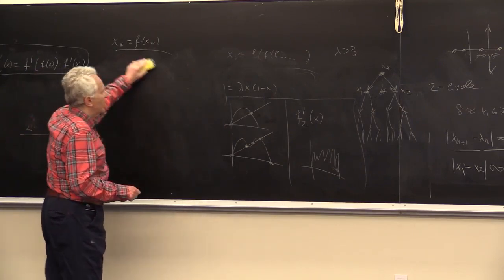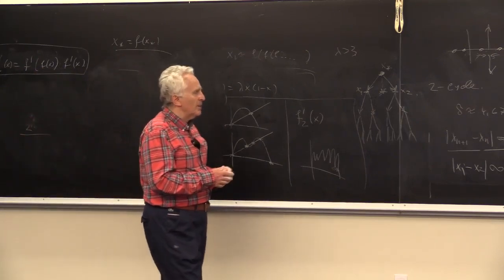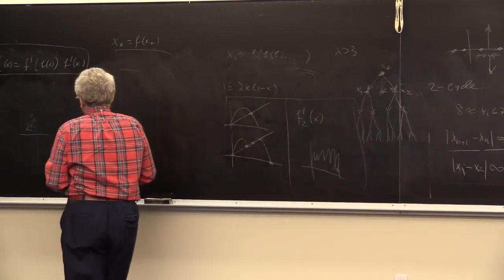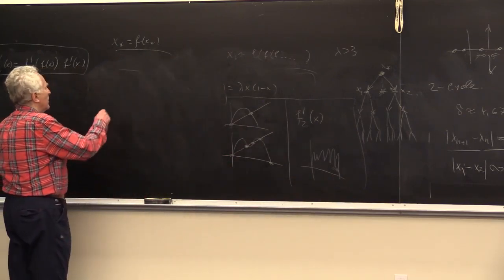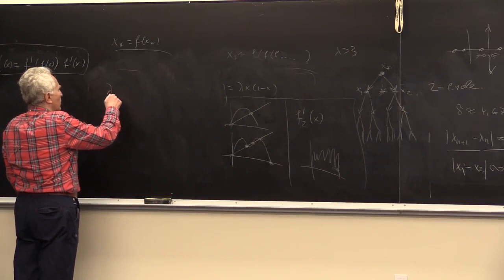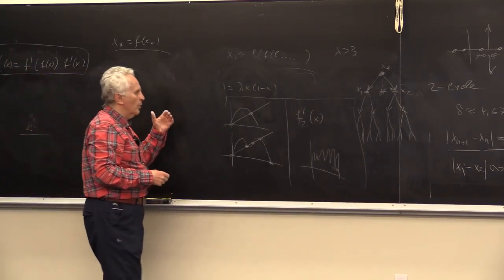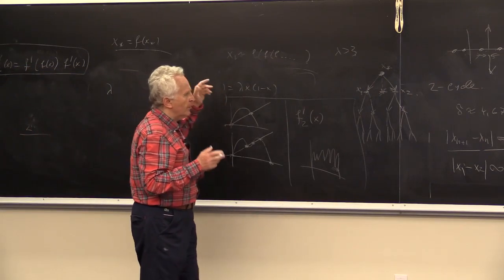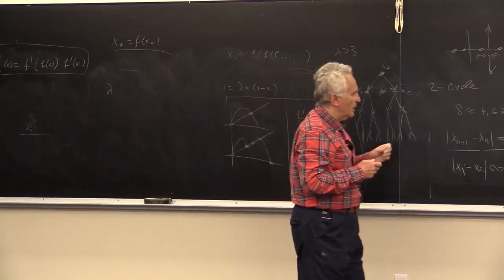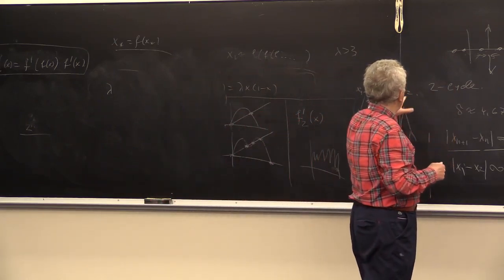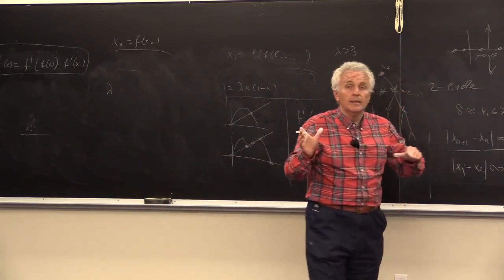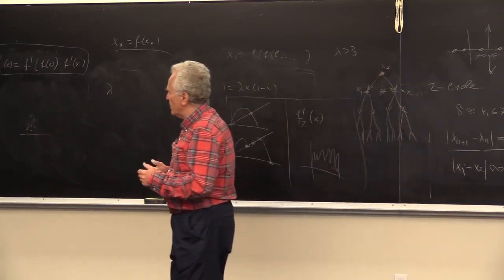But as I said, it's surprising, but a much simpler regime takes place when you go to some critical lambda, I don't remember in this case what it is. You have an infinite cycle, and then the regime changes.